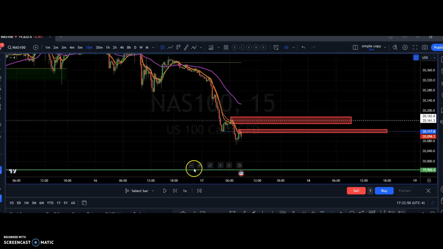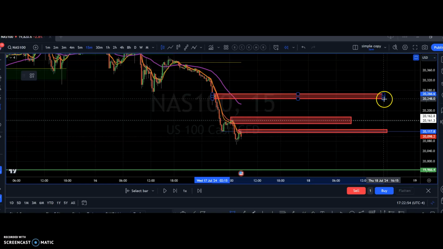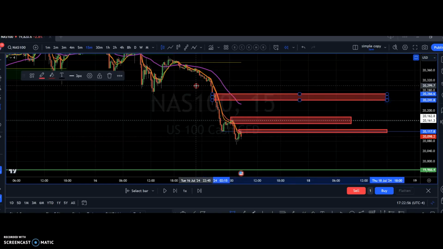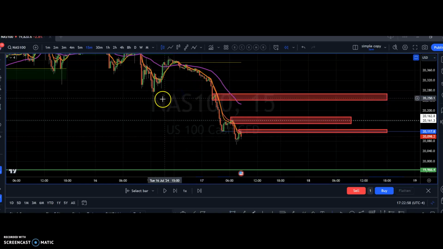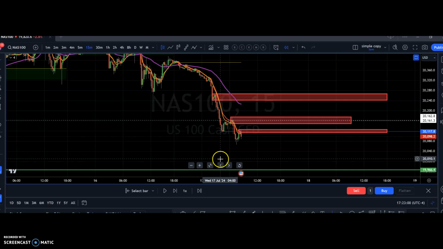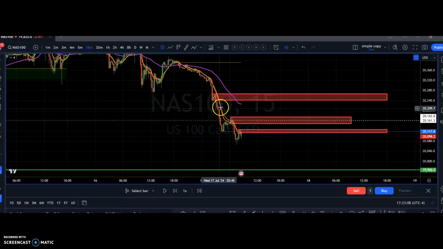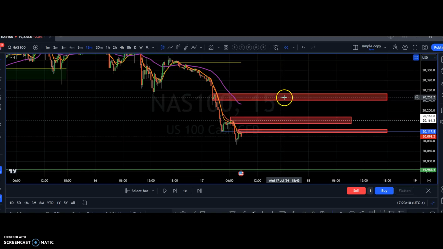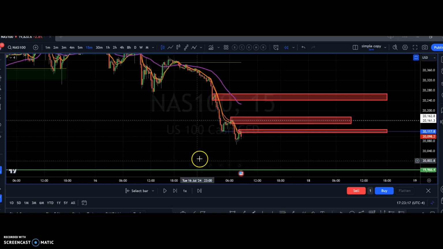Okay, those are your supply zones. So you just want to mark them off on your chart so you have an idea about what's going on. When this goes back up into this area, sellers stepped into the market around this price level, right?